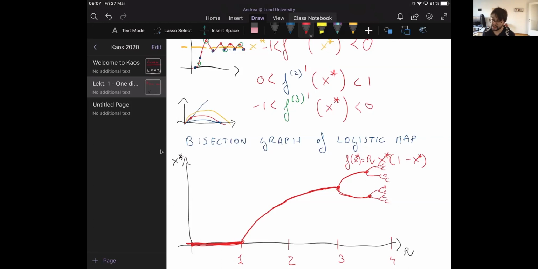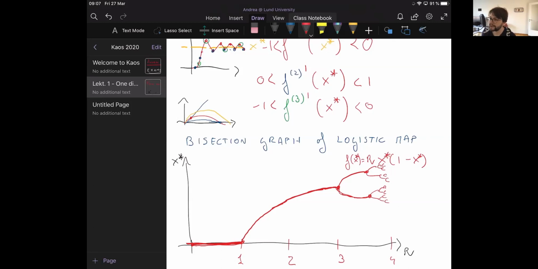The number of solutions will be so large that it makes basically a continuum of solutions, and the system will jump across the board. This regime is called chaotic.